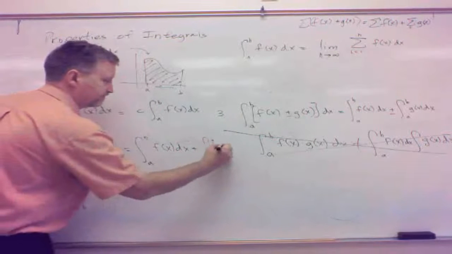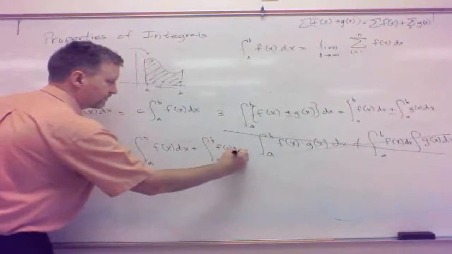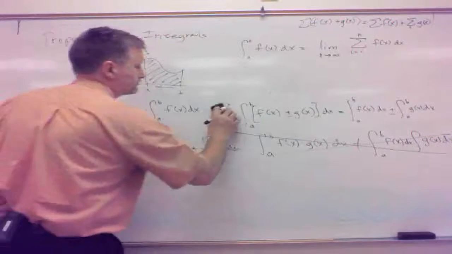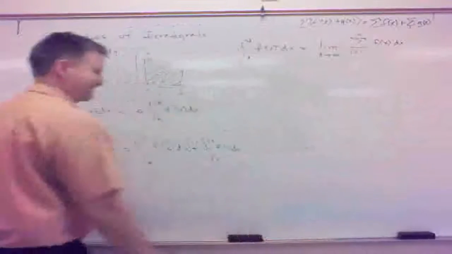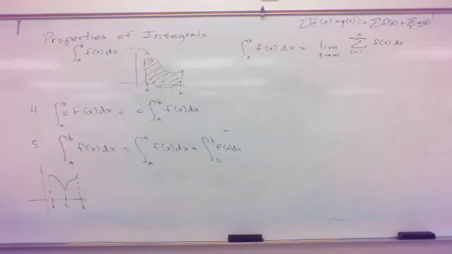See what I'm saying? You can do that with integrals. Okay? So see what we did? We broke it up into two separate integrals, where C is this point in the middle, or somewhere in between A and B. Okay? You can do that.